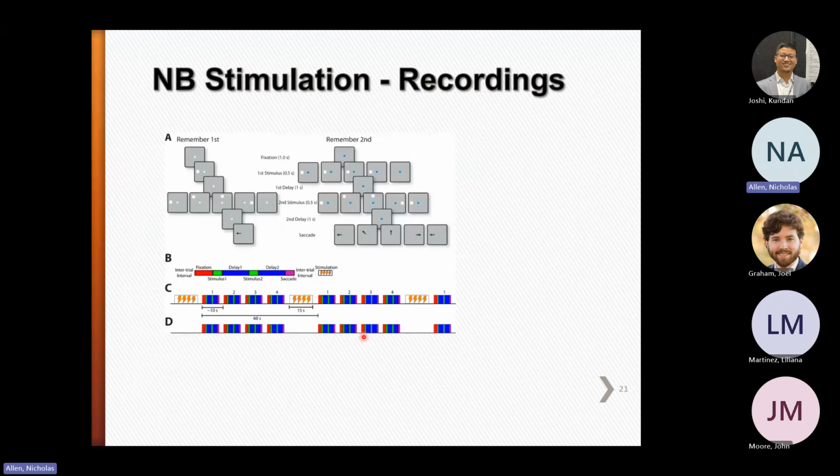We also have the ability to record neural activity from the brain, and this slide here illustrates how we did this. First, this is a drive here, a stimulus presentation. In this task we saw a second stimulus.